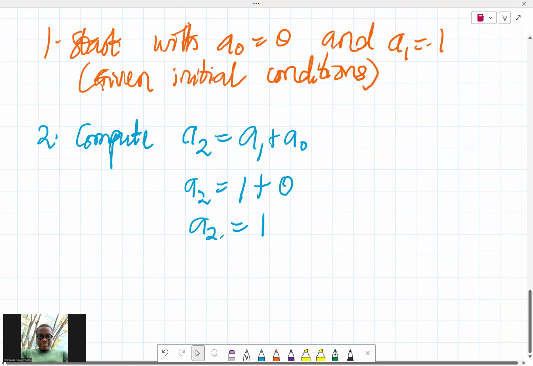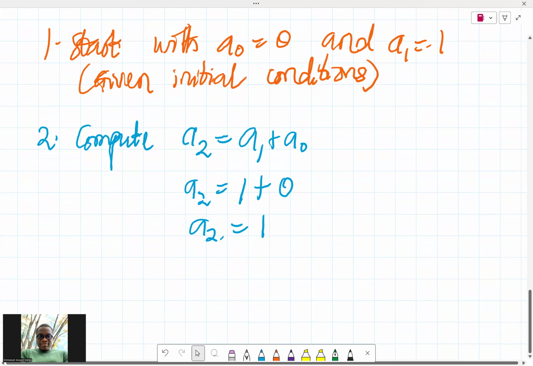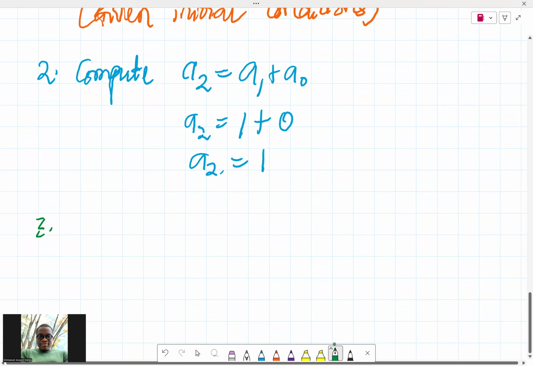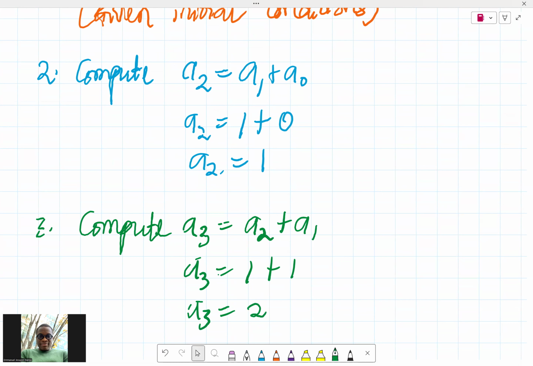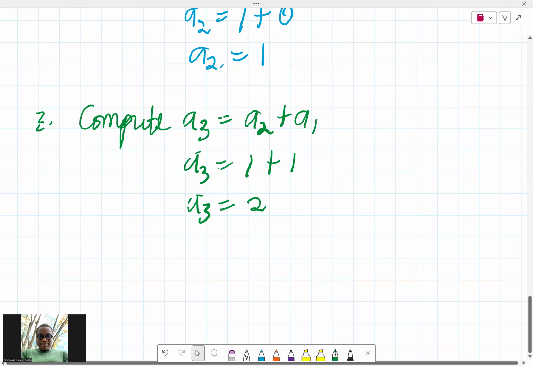So you have the third term like that. We are looking for 6 terms, so we go to step 3 and compute a3, which is a2 plus a1. So a3 is 1 plus 1, which is 2. That's what the Fibonacci sequence looks like.